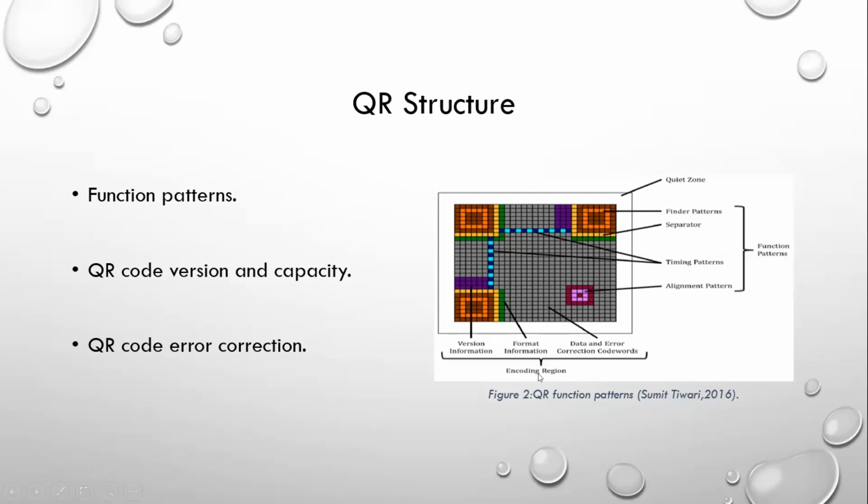Down here, we can see the encoding region: the version information, which we have mentioned, and also format information. And here is one of the important parts, which is data and error correction code words.